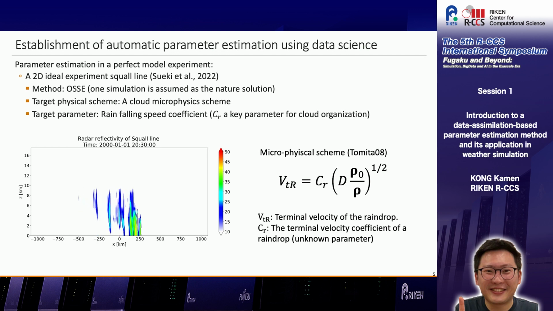We try to find the rainfall speed coefficient in a cloud microphysics scheme, as this formula shows. The CL, our target parameter, is a key parameter for cloud organization. And this figure shows the simulation of the radar reflectivity for the squall line.